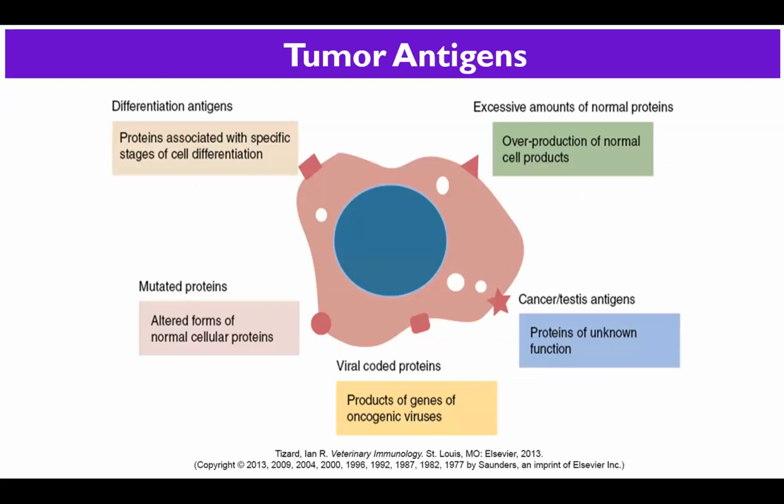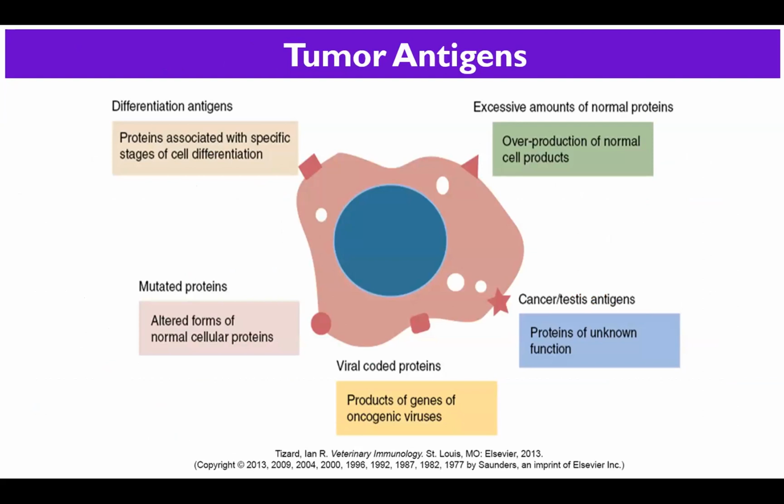So, tumor antigens, how do they come about? Over the decades, it was discovered that tumor antigens are derived from different sources, one of those being mutated proteins, which are typically altered normal proteins that end up getting out of control.